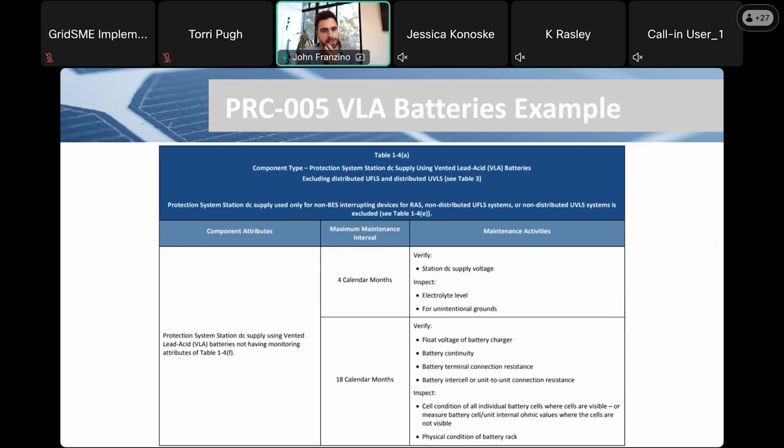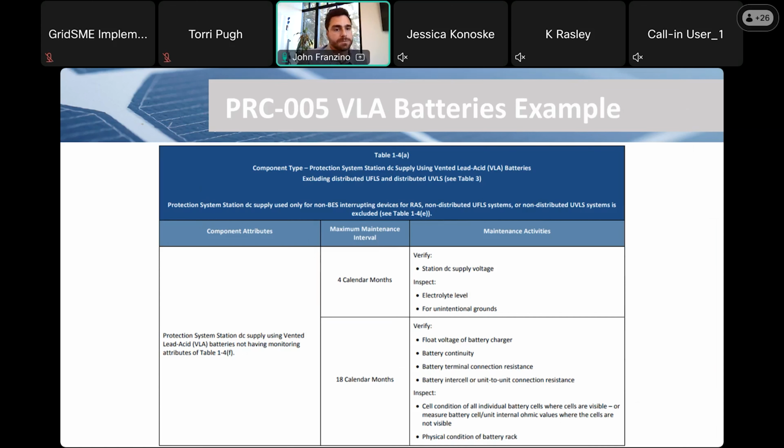So you can see that, for this battery type, and there's other battery types covered, but this is most common, you're looking at a 4-month interval to at least do some basic verifications and inspections of the battery system to ensure that it's working as intended. And, if you lose station service, et cetera, and really just so that the batteries can power the protection system elements to operate if they need to in an event.